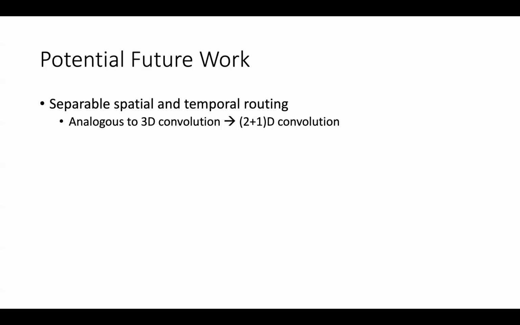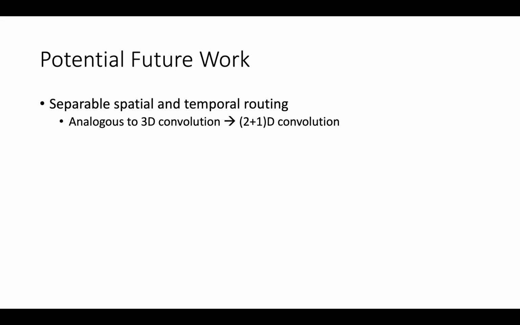So now that I've talked about all our work, one question is, how can this be extended? What else can we study related to capsule networks and video understanding? One potential avenue of research would be to separate spatial and temporal routing.